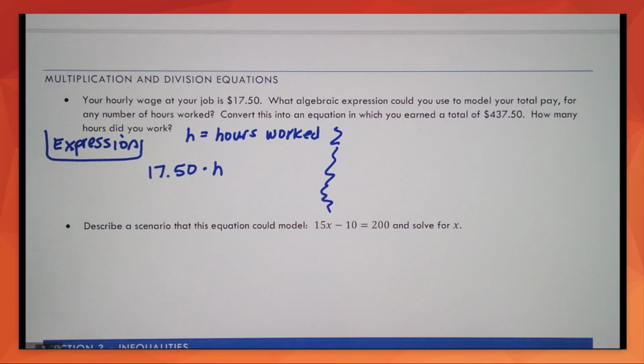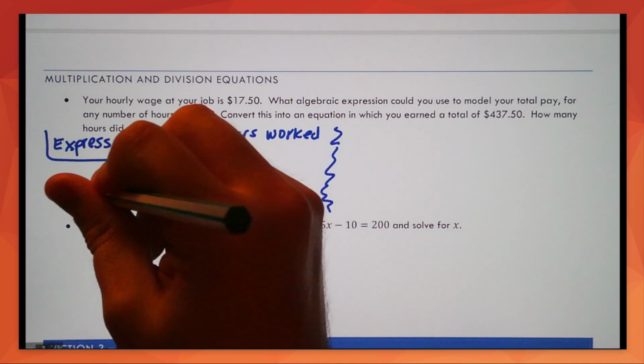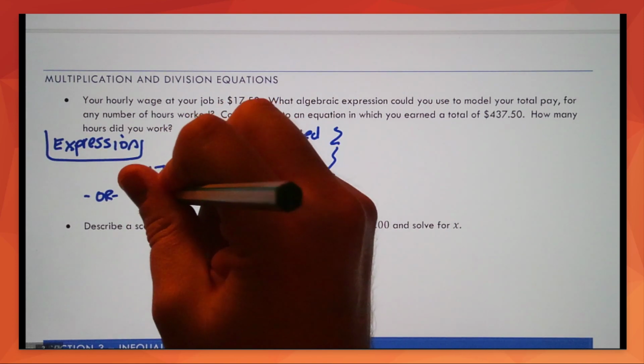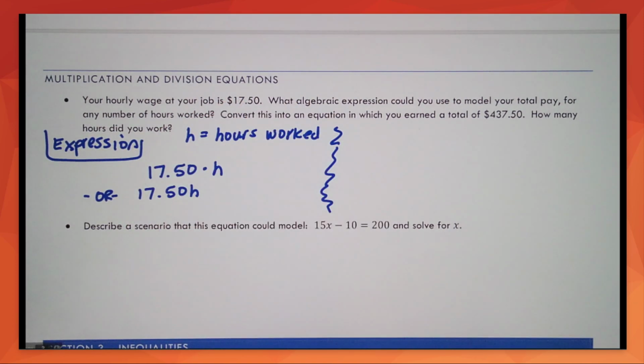I'm going to let you in on a little trick here for algebra. Many times there won't be a multiplication symbol between the number and the variable when they're being multiplied. It might just be written as 17.50H like this.